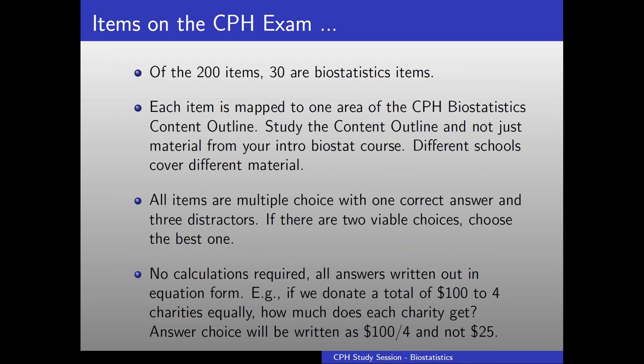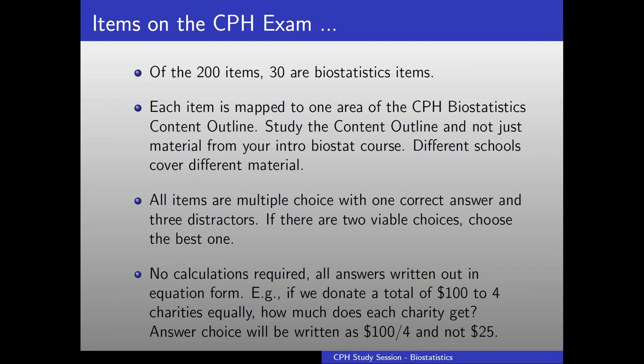Let me talk a little bit about the biostat section of the CPH exam in general. As you might know, there are a total of 200 questions or items on the CPH exam. 30 of them are labeled as biostatistics items. Now, some of them might seem like biostatistics, but certain areas of public health blend together, so some questions you may see in biostatistics may actually be labeled as epidemiology or vice versa.